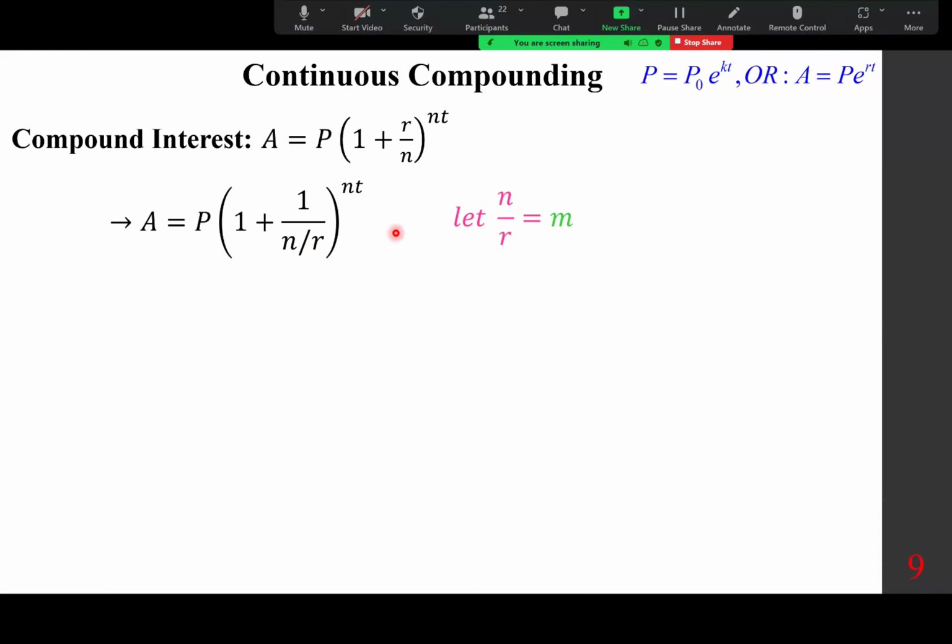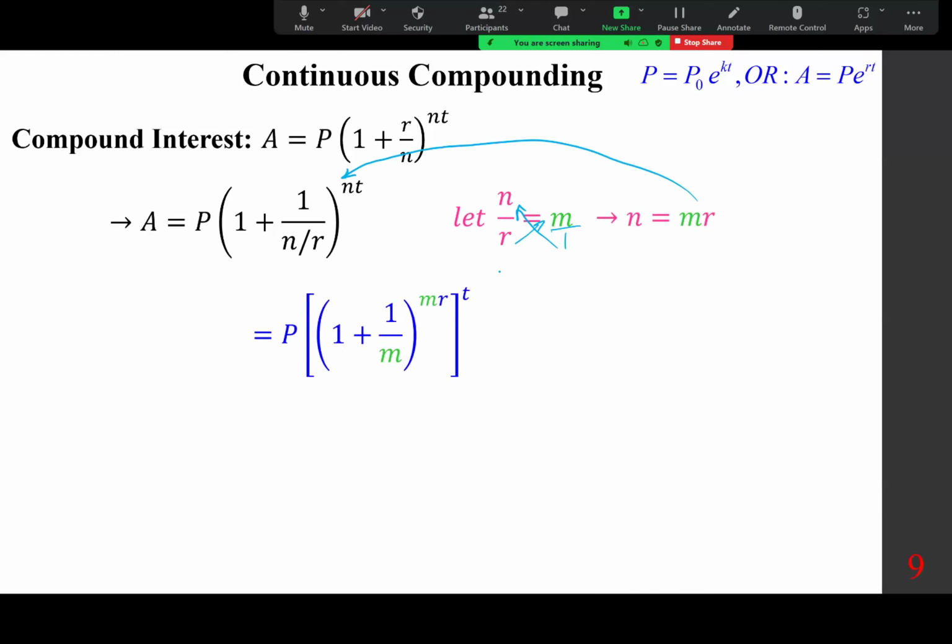So that means this is 1 over m, and that means the cross product n is mr, and over here we can replace the n with that and rewrite it in this manner.